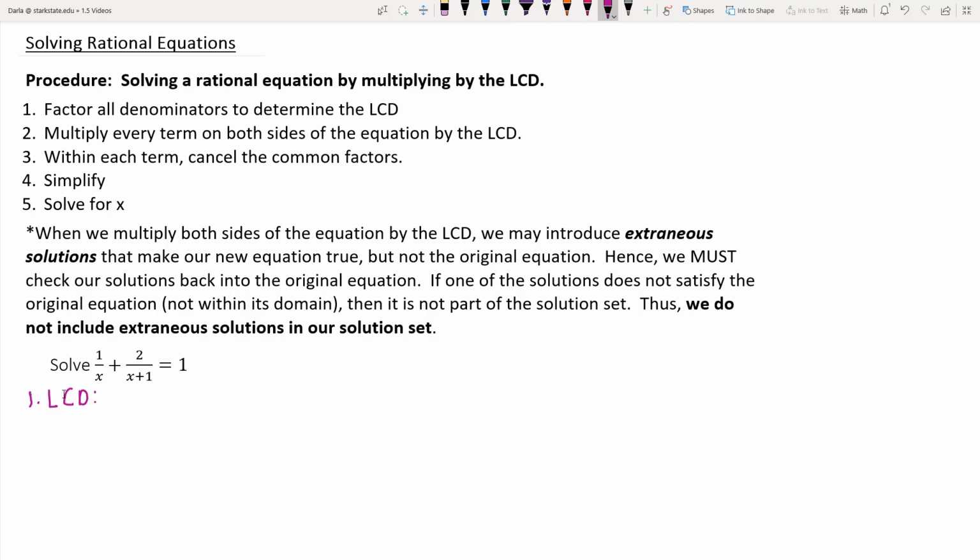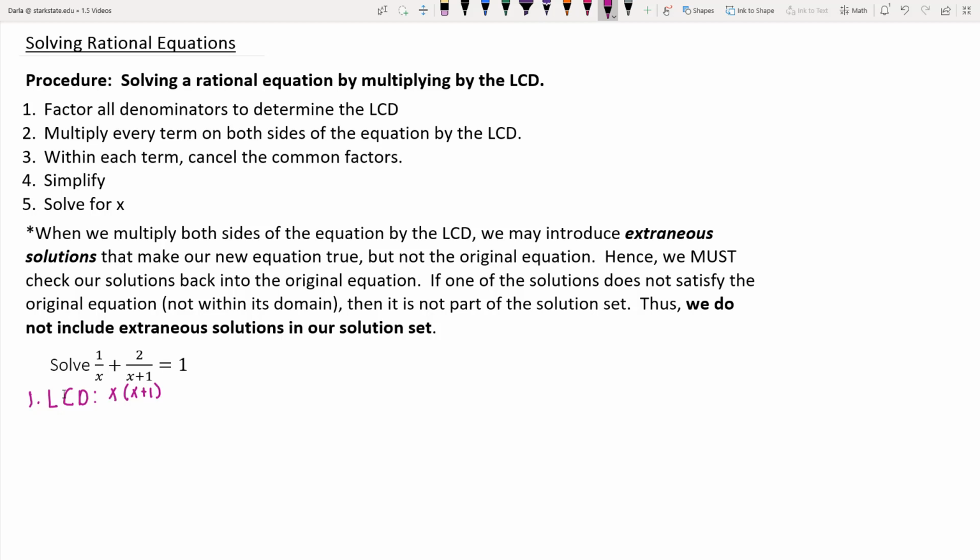So from that first rational expression, we need that x in our least common denominator. And then from our second rational expression, the denominator has a factor of x plus 1, so we need that as well. And then we have no more denominators besides 1, which we don't need to write. And so at the end of the day, our LCD is x times x plus 1.